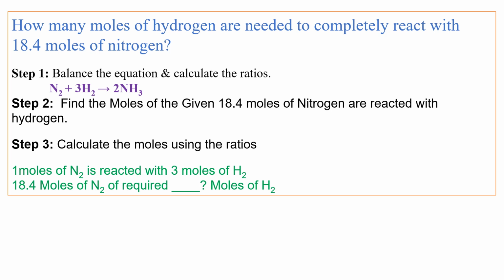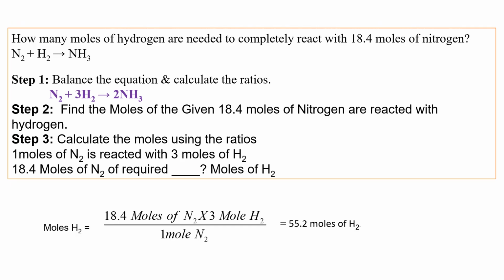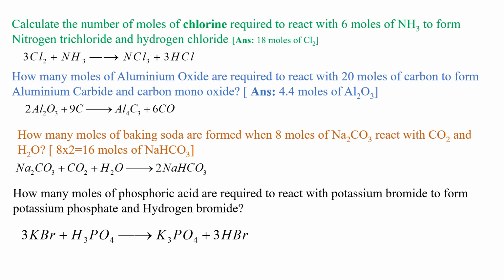Use the crisscross method: 18.4 into 3. You will get 55.2 moles of hydrogen gas required to react with 18.4 moles of nitrogen. So the concept is clear. I request all the students to please do these problems.